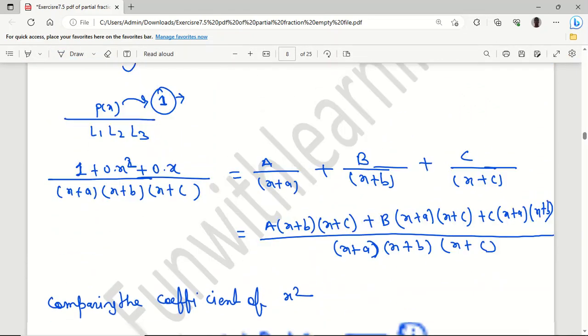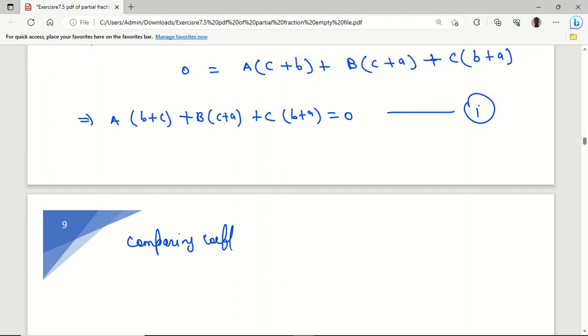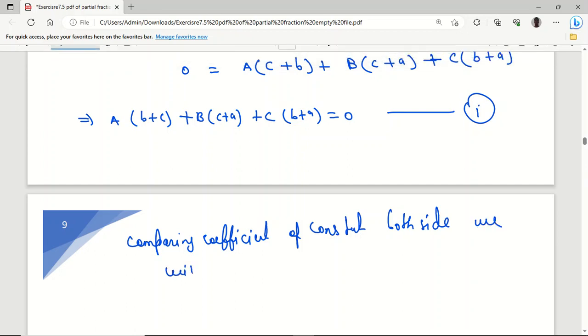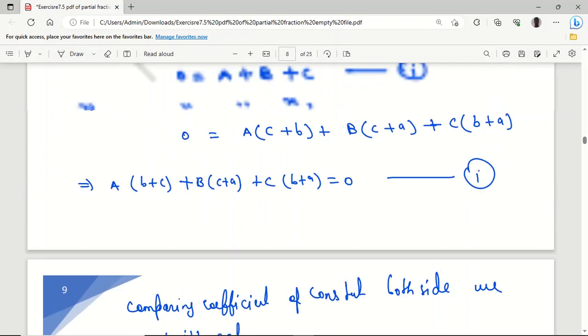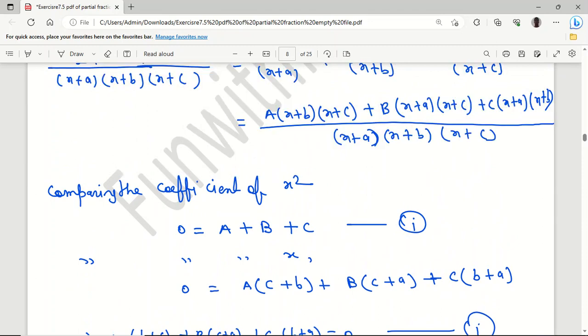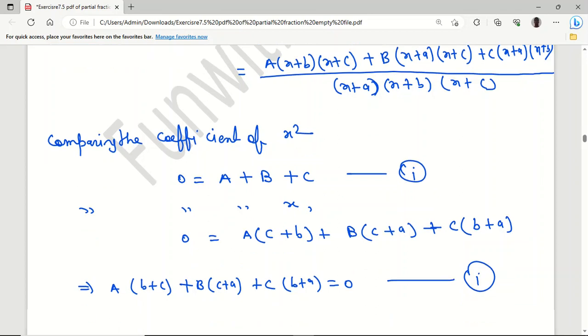Now we will compare the coefficient of the constant on both sides. We get 1 in LHS, and in RHS we will get B into C into A, then ABC, BCA, CAB.